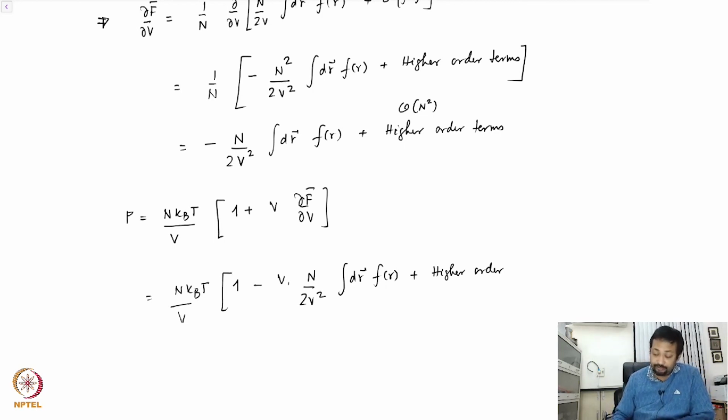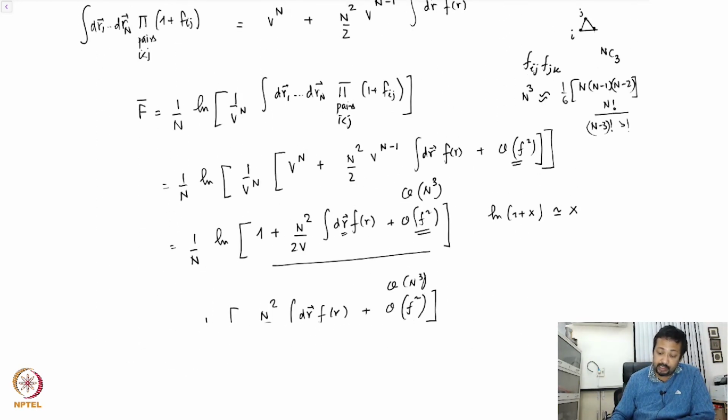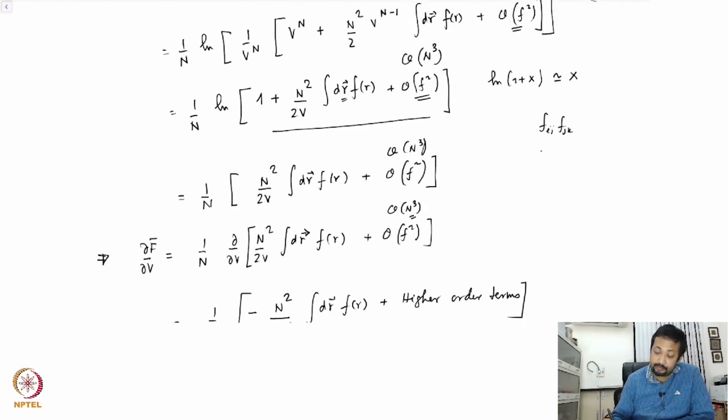Now one can also refine the argument a little bit more by saying, I will have an integral which is Fij, Fjk. For example, this term will give me F12, F13, and I will have dr1, dr2, and dr3. The rest of the coordinates I can integrate over to give me N minus 3 factors of volume. And just as you will have V to the power N minus 1, you are also going to get a volume from here. So this is finally going to be V to the power N minus 2.